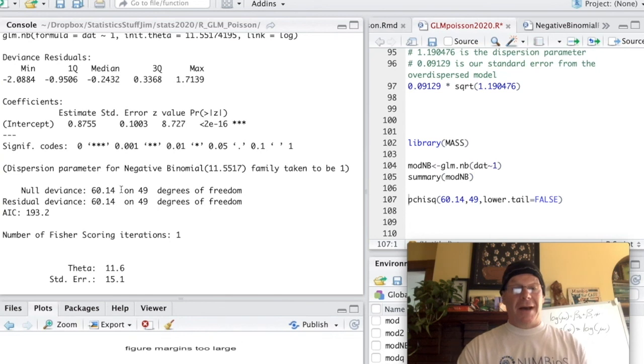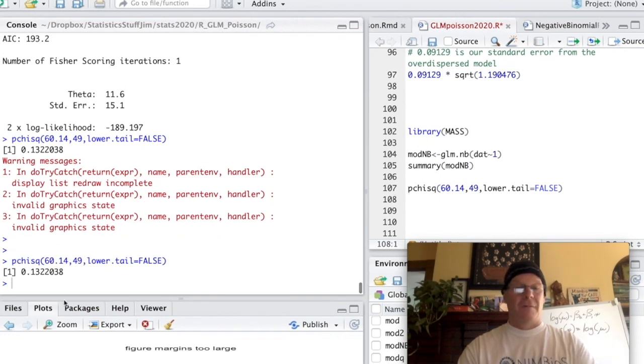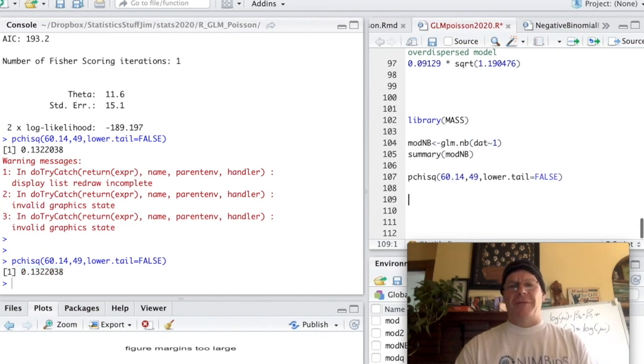But what I want to point out is, if we were to look at the residual deviance and see whether or not we're over dispersed, we can pop that in there, and then that would be the p-value. So we would accept the null hypothesis that our observed data is the same as our predicted data based upon the model.